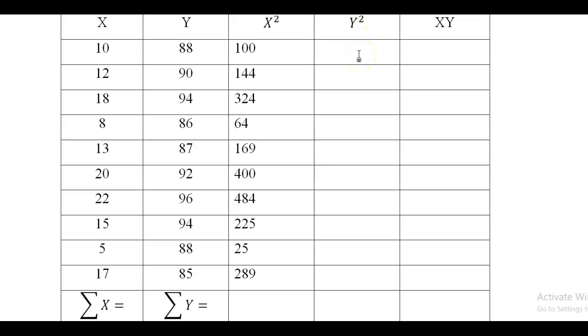That is, y square, 88 square will give you 7744, 7396, 7396, 8464, 9216, 8836, 7744, 7225. And xy, it is 880, 1080, 1692, 688, 1131, 1840, 2112, 1410, 440, 1445.